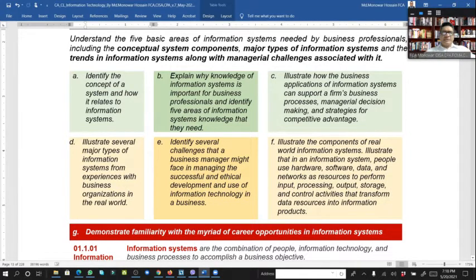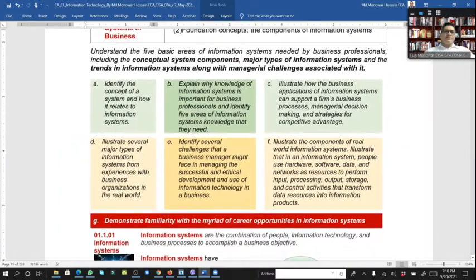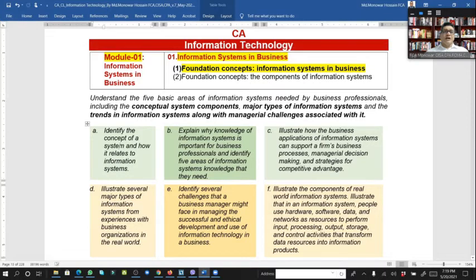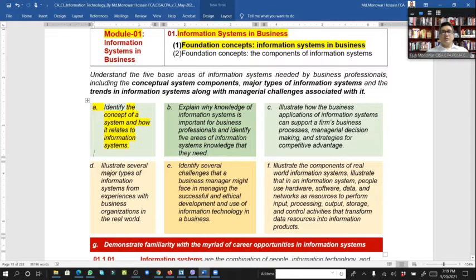You have seen in your syllabus, after studying this chapter, we will understand the concept of the system and how it relates to the information system. We will be able to know why knowledge of the information system is important for business professionals, and identify the 5 areas of information system.